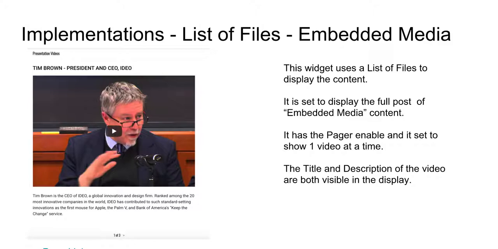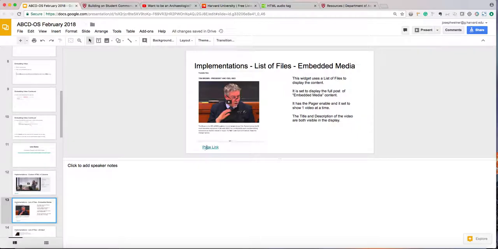So what they're just doing is using a columns widget to allow the visitor to click through the videos one at a time. The title of the file is at the top. When they added the embed code, there's a place for a description that appears underneath, and then there's a little pager underneath there. So let's go to this site and check it out.